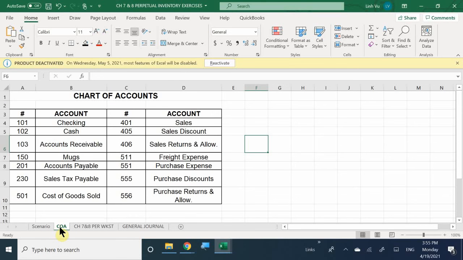Okay, use your chart of accounts. What items will I be needing? The mugs and cash. Okay, what else would I need? I sold. Cost of goods sold. We need a cost of goods sold, and what else?